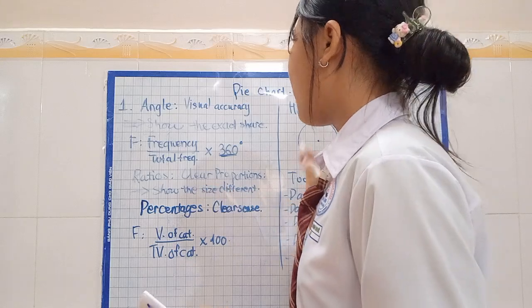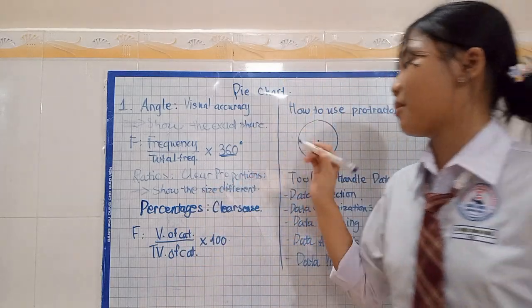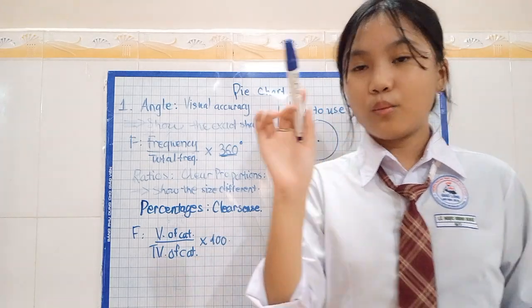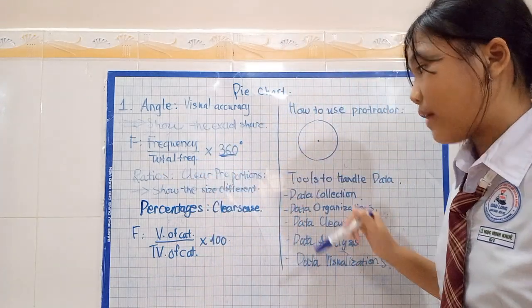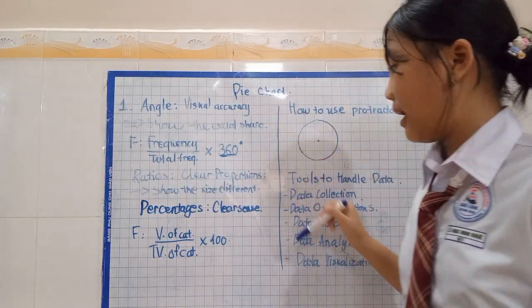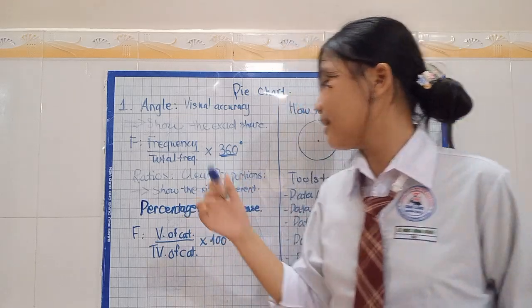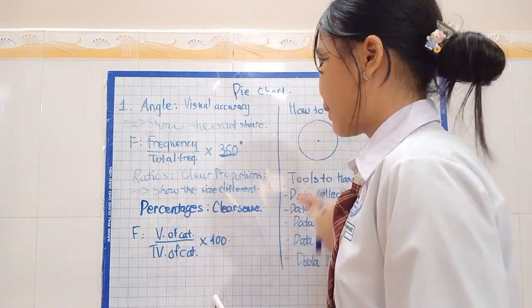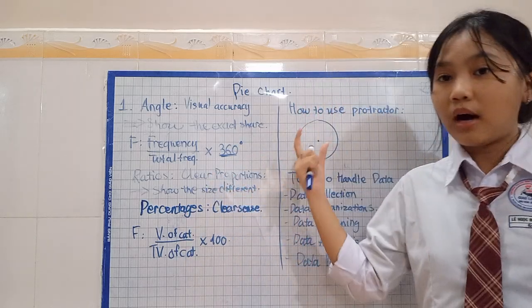Next, on ratios, ratios help us with clear proportions. As we know, a ratio is like 1 over 5, or 1 divided by 5. The reason why we should use it is that we can know the size difference of each part.